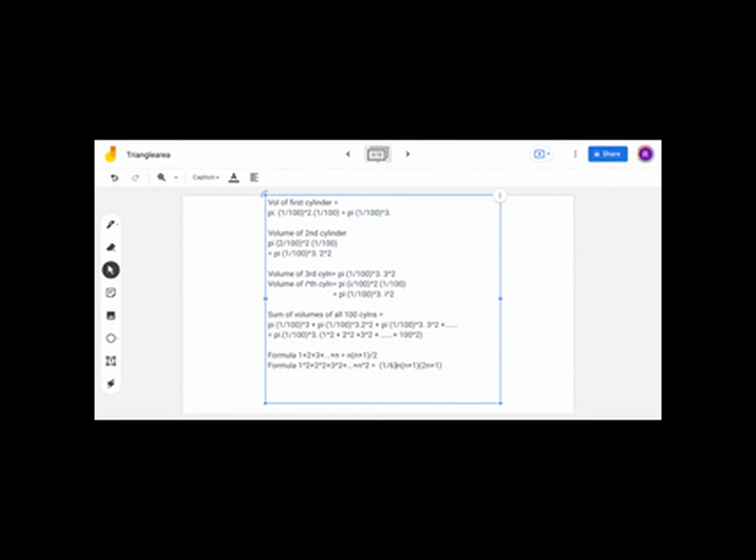Okay. Do you know the proof for that? Did you do the derivation of that formula? Why is it n into n plus 1 by 2? No, sir. They didn't teach you that? Anyone knows the proof of that formula?